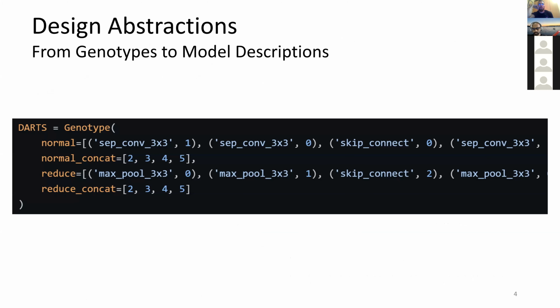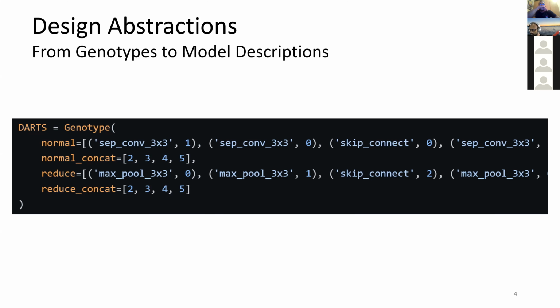This is something almost everybody might have seen. NAS usually gets centered around what we call genotypes, right? Genotypes are nothing but a network description that the NAS algorithm spits out at the end of the search. But this is very limiting, and as you can see, it gets very unwieldy.